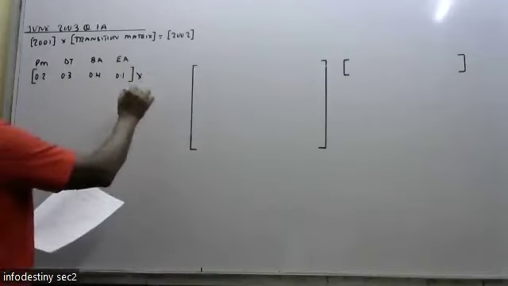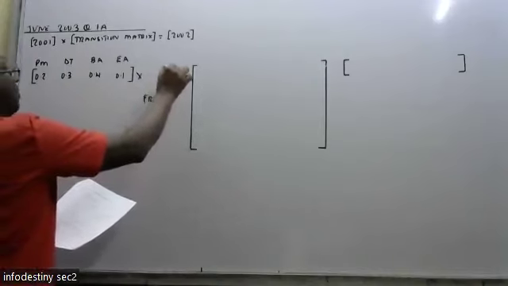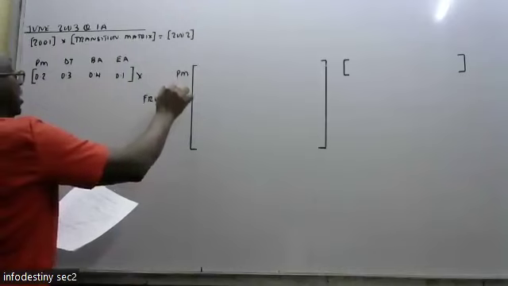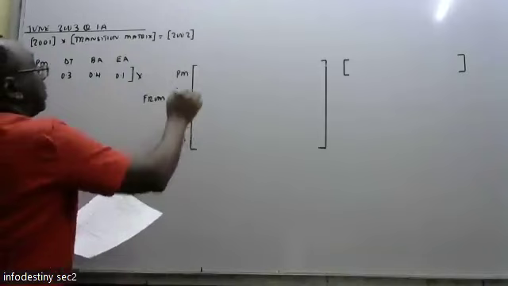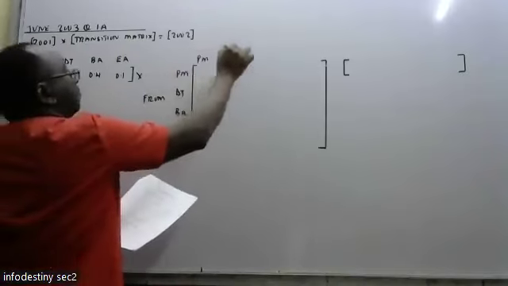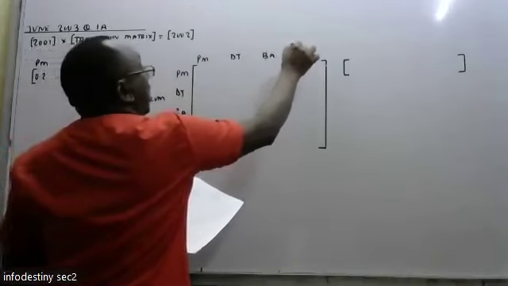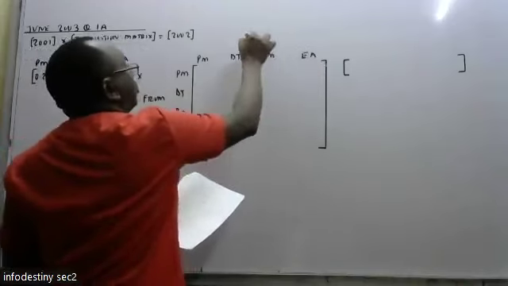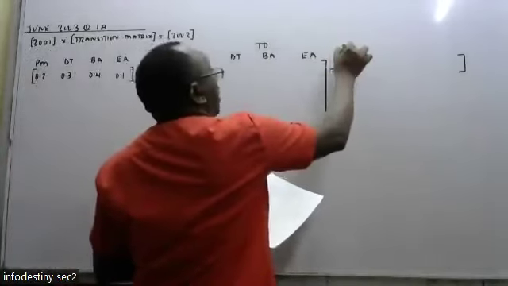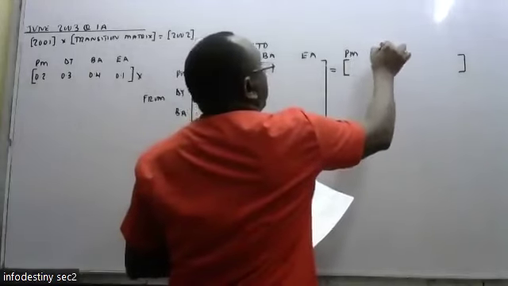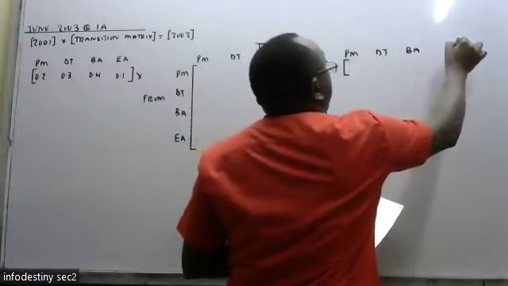And this transition matrix is written like this: from BM, BT, BA, and EA to BM, BT, BA, and EA, that is 2, should be equal to BM, BT, BA, and EA here.